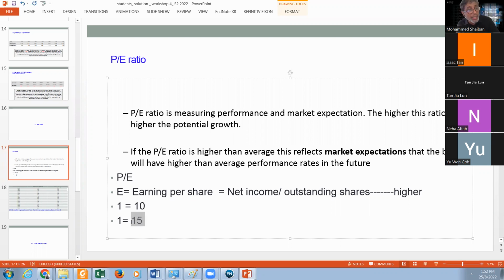And therefore, as an investor, I'm willing to pay 15. So if any bank has a higher PE ratio, then the market is perceiving it to be a high growth bank.